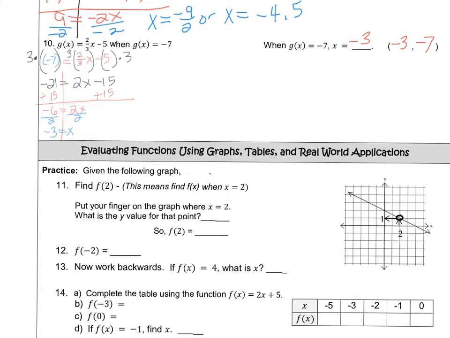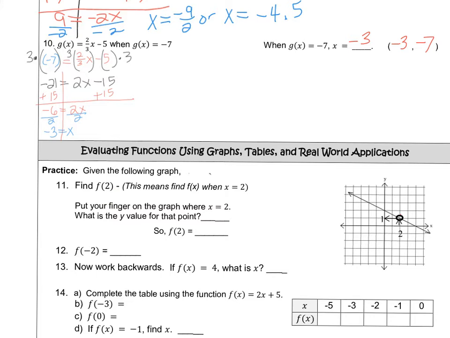On number 11, we're now going to look at graphs and read them based on the terminology of function notation. So look at number 11. It's given us find f of 2. So f of 2, this is our y value, this whole thing, but it's telling us it's our y value when x is 2.